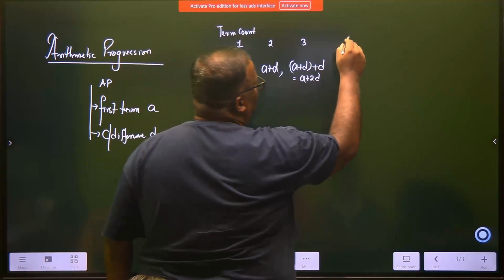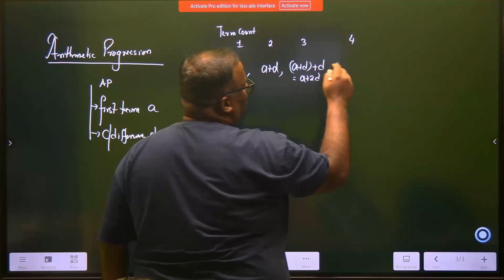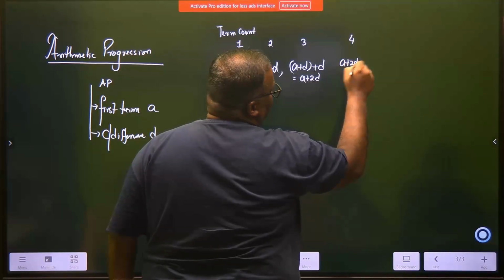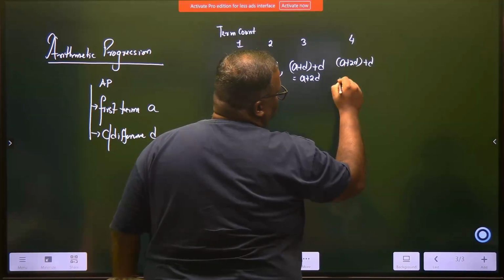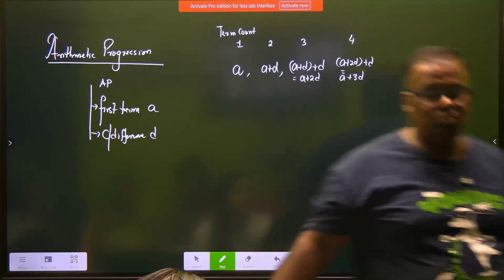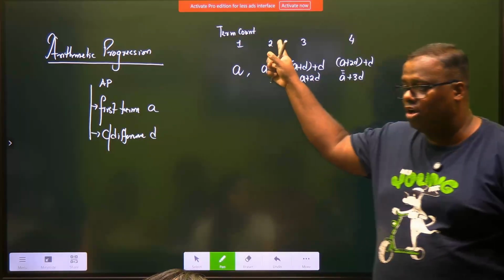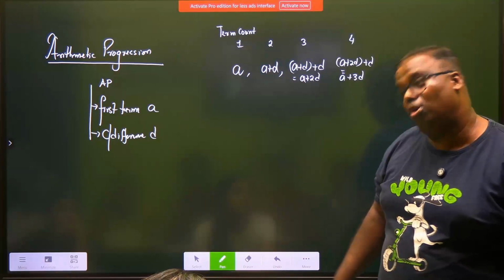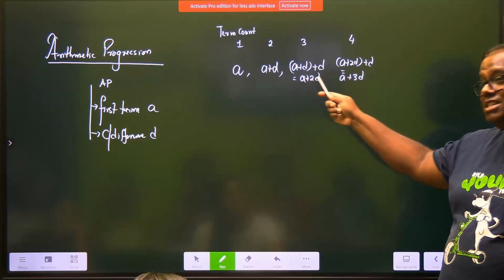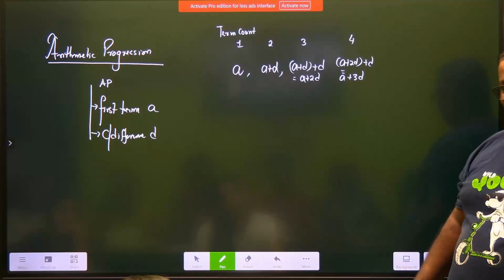Now you get a logic that the fourth term will be a plus 2d plus d, which becomes a plus 3d. Now some interesting observation. If this is dog, this is a plus dog minus 1d. If this is cat, a plus cat minus 1d. Are you getting it?